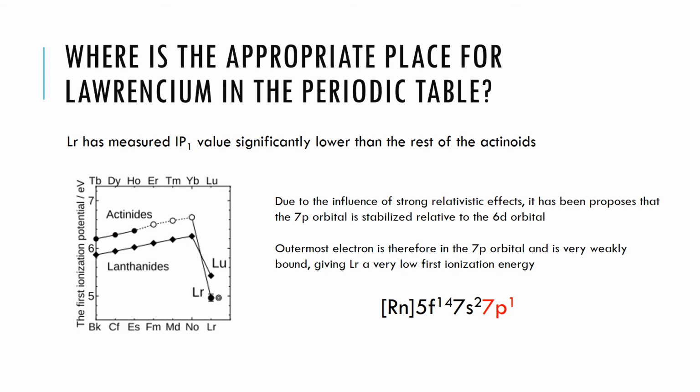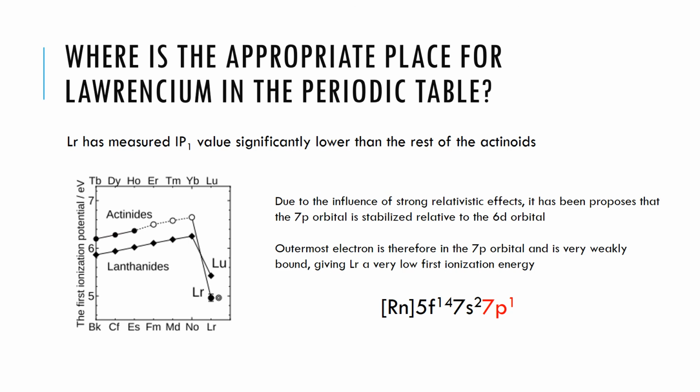But it does raise questions as to where the appropriate place for lawrencium is in the periodic table. If you think about the transition elements, a true definition of the transition elements is to have partially filled d subshells.